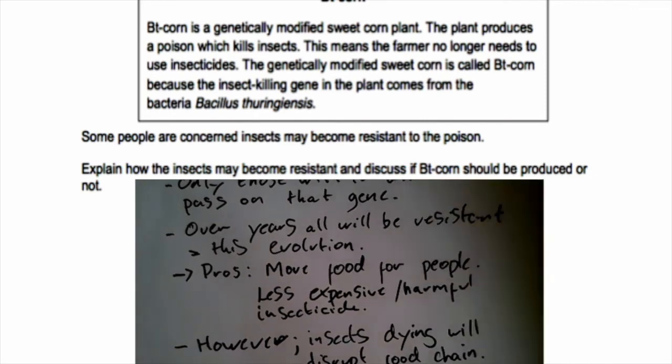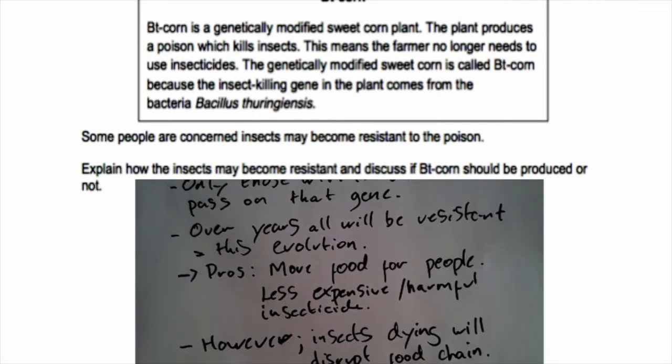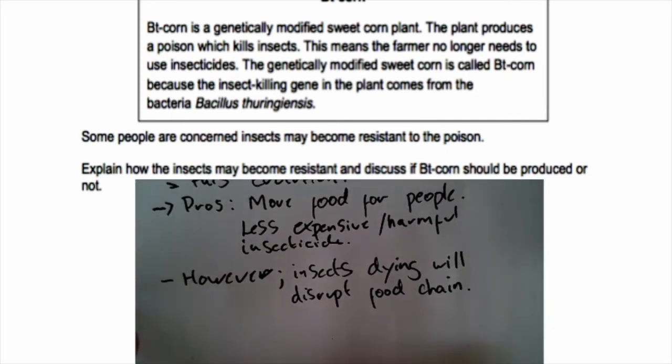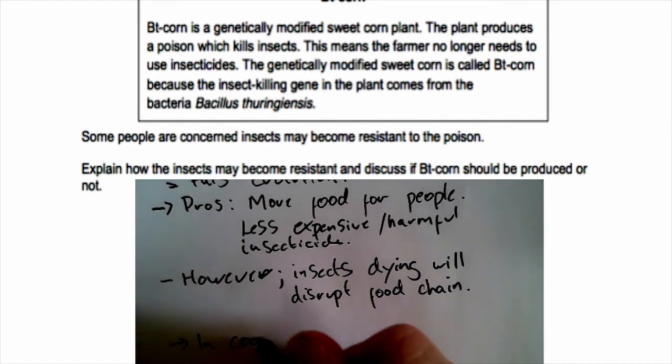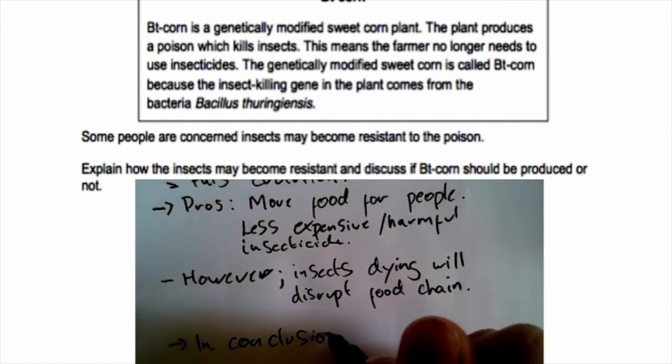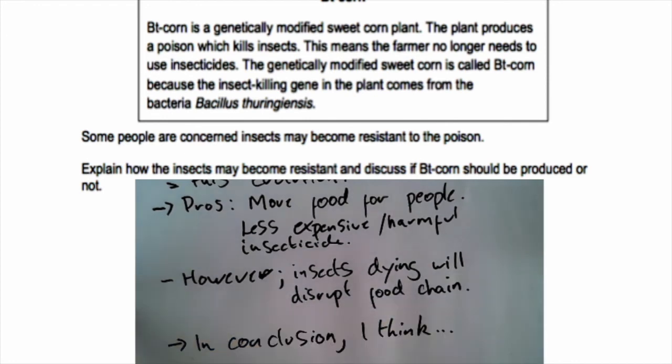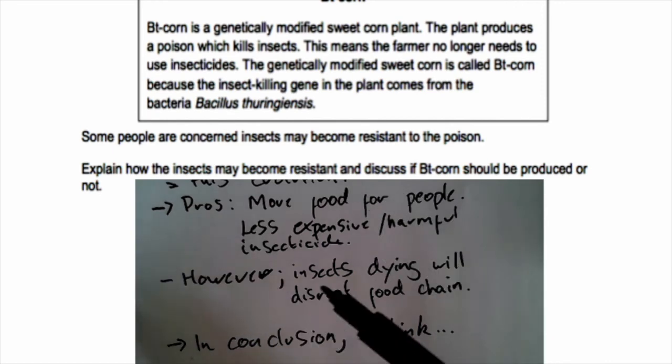And then you have to, for your final mark, come up with a conclusion. Say a point as to what you think. In conclusion, I think. And this is up to you. You can say whether you think they should do it or not, whether they should use BT corn. There's no wrong or right here. It's what you think's better. Is it better to feed more people, or is it better to avoid this knock-on effect in the environment?